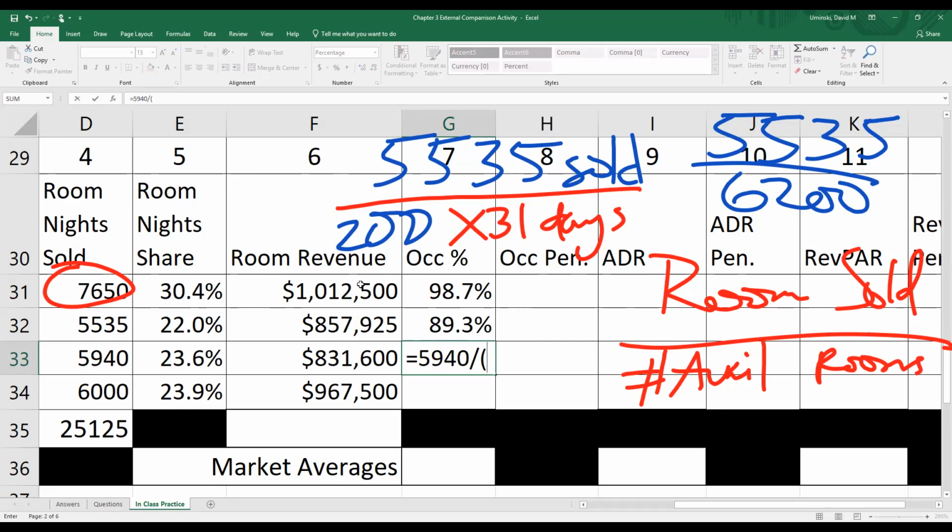It may be that their ADR was too high, and our competitors' ADRs were more achievable, so people went to them instead. So the occupancy, ADR, and RevPAR in that penetration index that we calculate for each one is going to tell us a story as to why we did or did not get our fair share of the market.